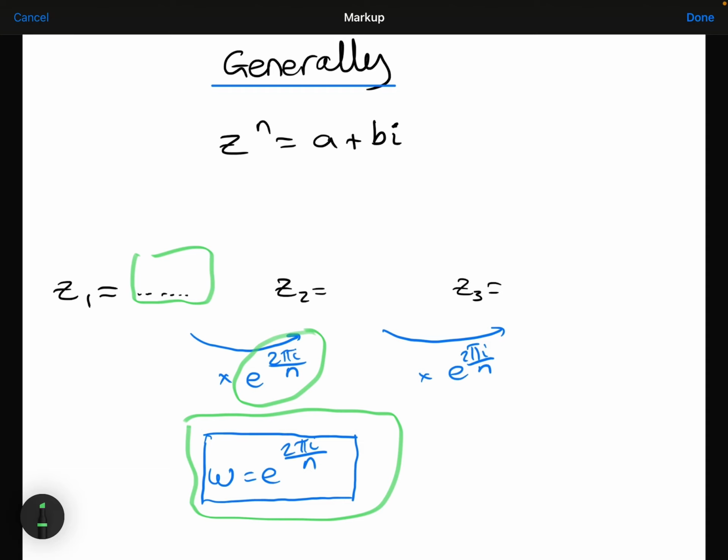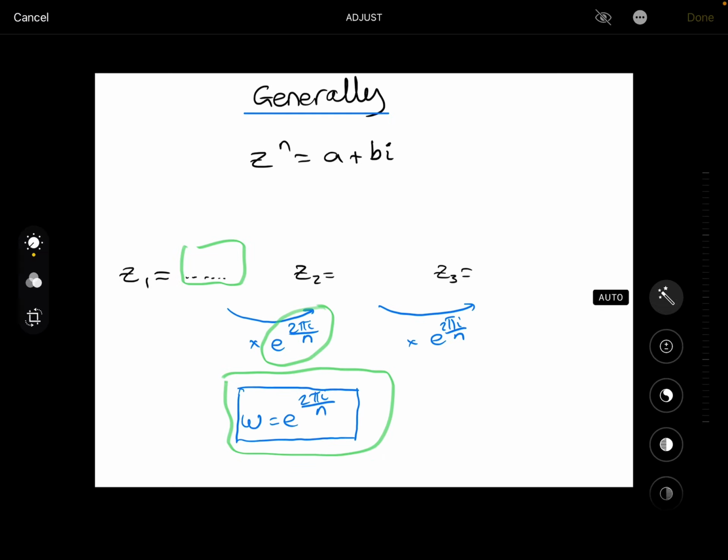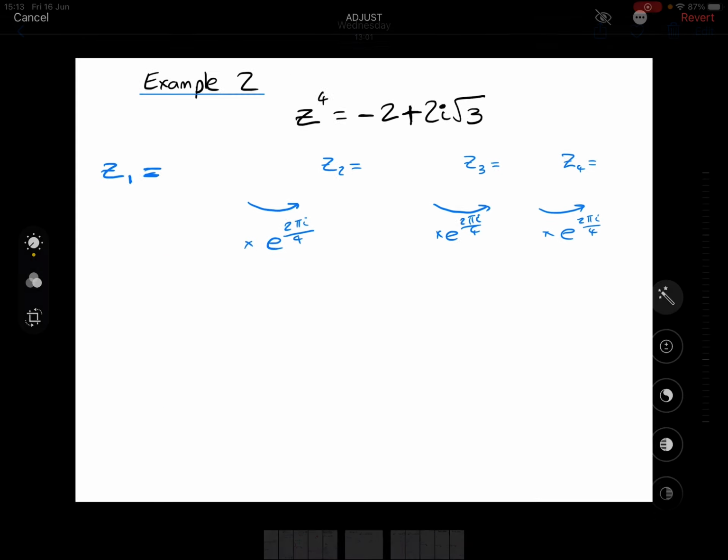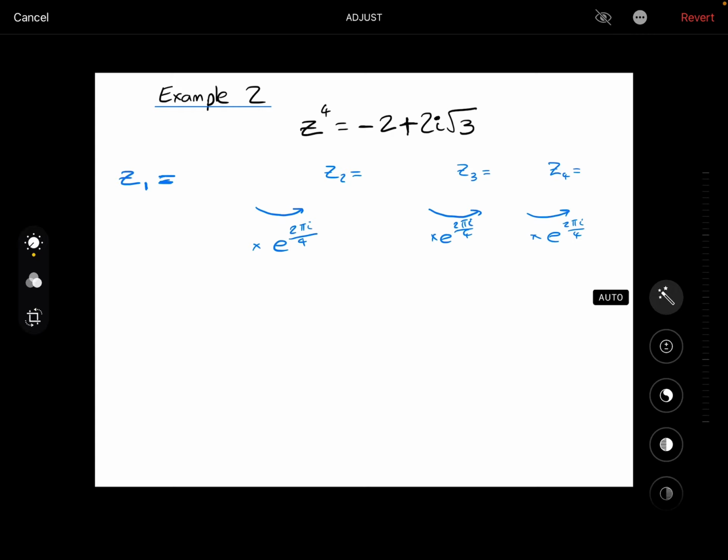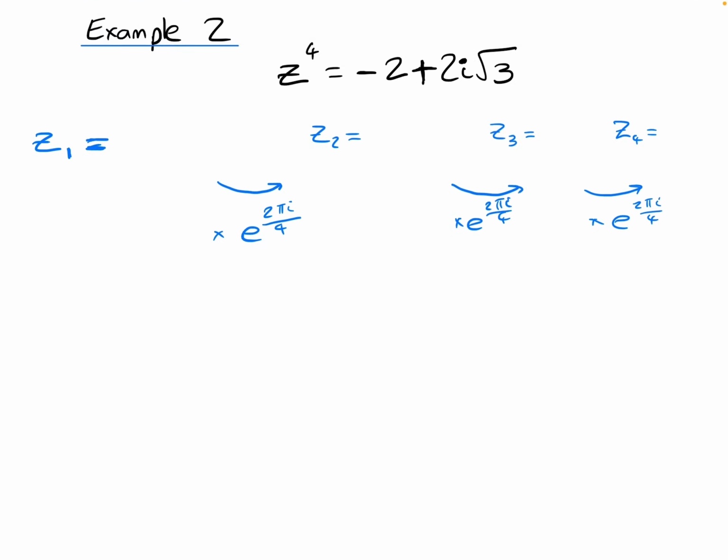So let's now apply that shortcut to a slightly harder question, which is this one. We've got z to the power 4 is equal to minus 2 plus 2i root 3. Now, I don't know what the first solution to this is yet. We'll work that out in a minute.